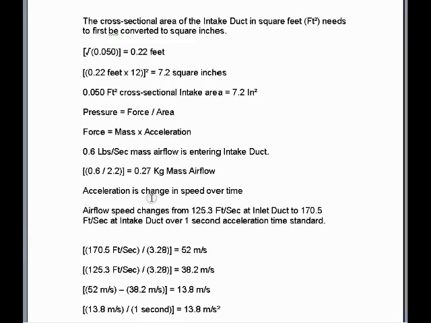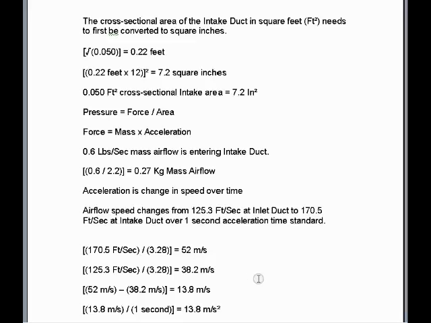Acceleration is the change in speed, not the speed, but the change of speed, either acceleration or deceleration, also known as negative acceleration. So we want to calculate what the actual acceleration is as the airflow increases in speed from the inlet to the intake.